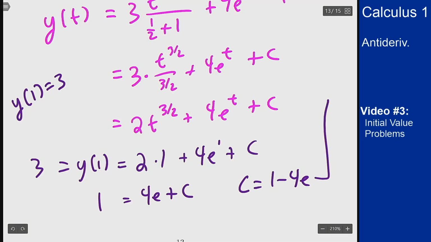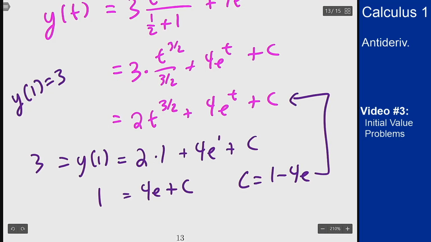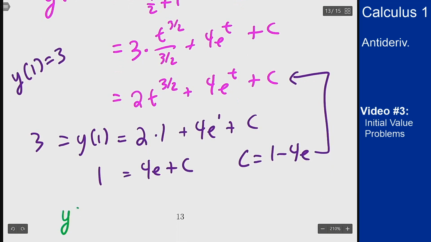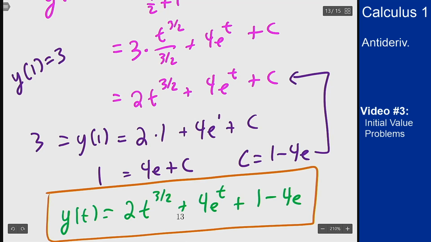I can then put that into here to get my final solution. y of t is 2t to the 3/2 plus 4e to the t plus 1 minus 4e. And that will be the answer for that initial value problem.